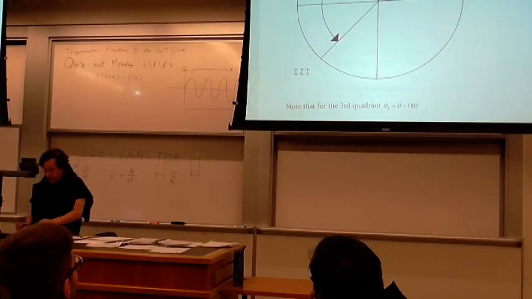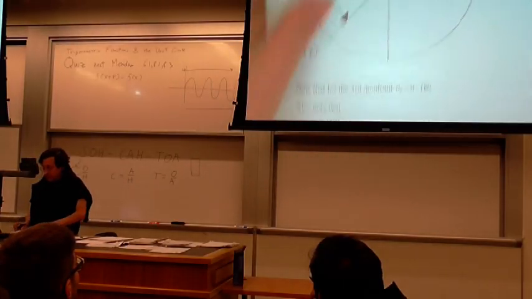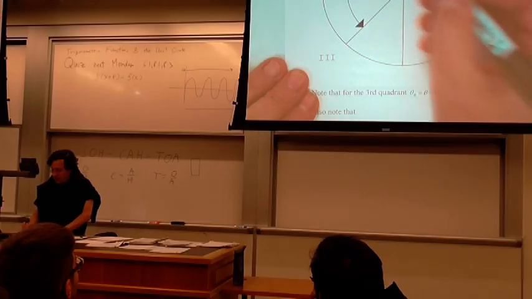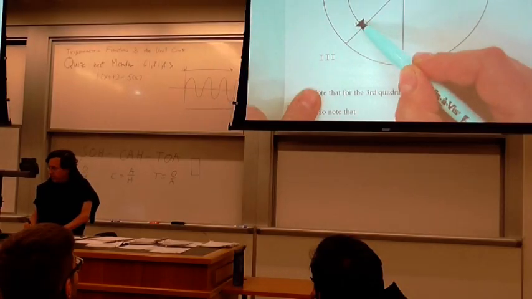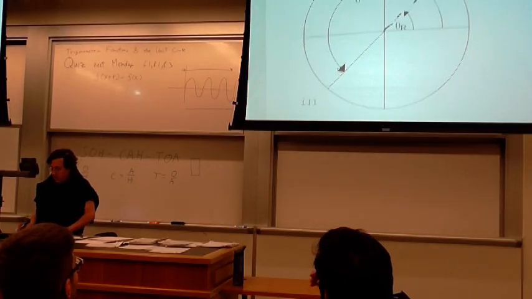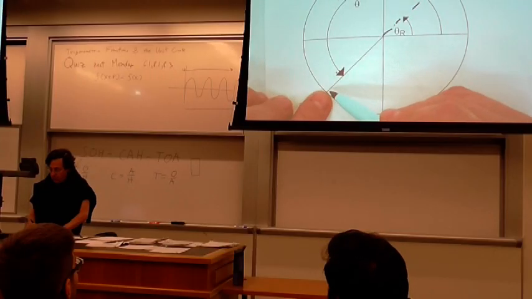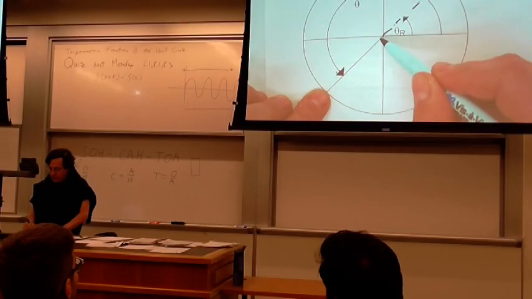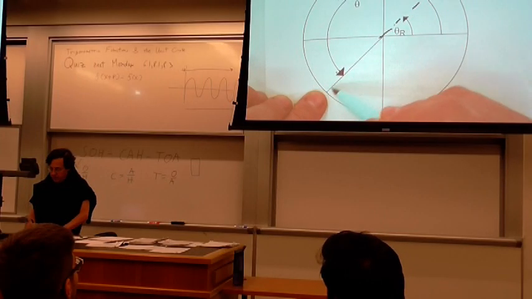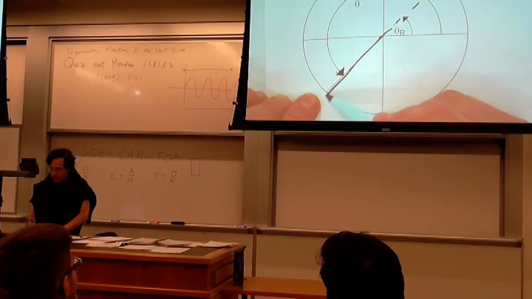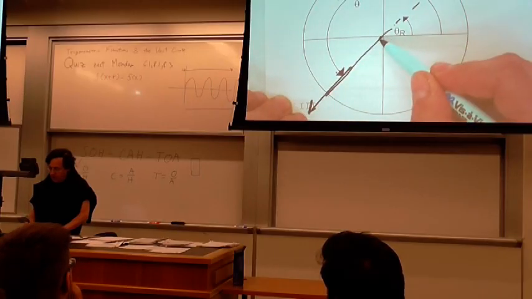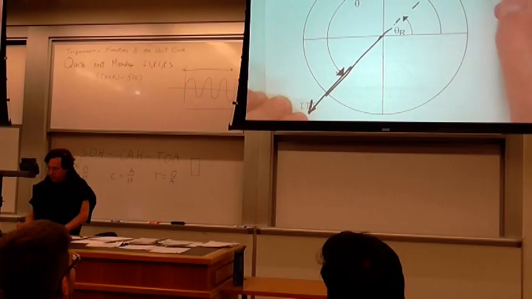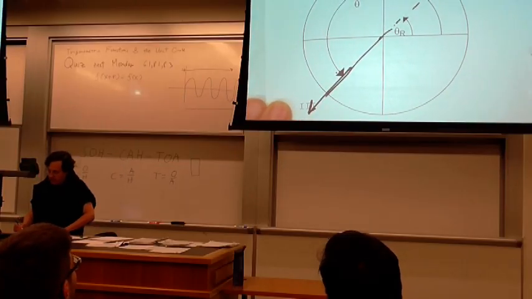In the third quadrant, it's a little easier. We have again an angle here in the third quadrant. All you need to do in this case is extend the ray in the opposite direction over here and see where it intersects in the first quadrant.